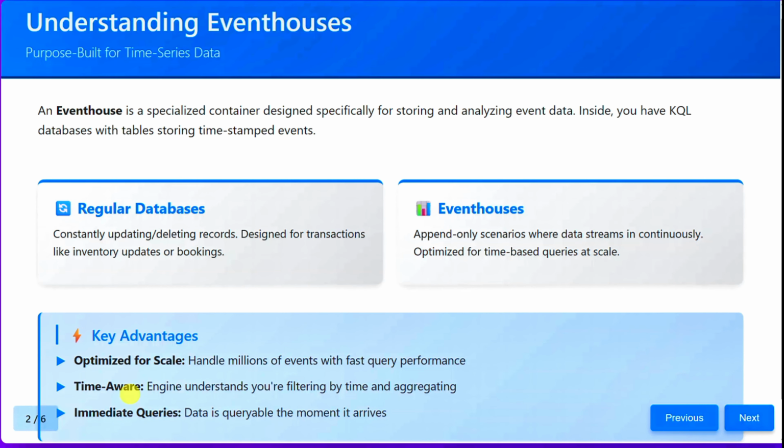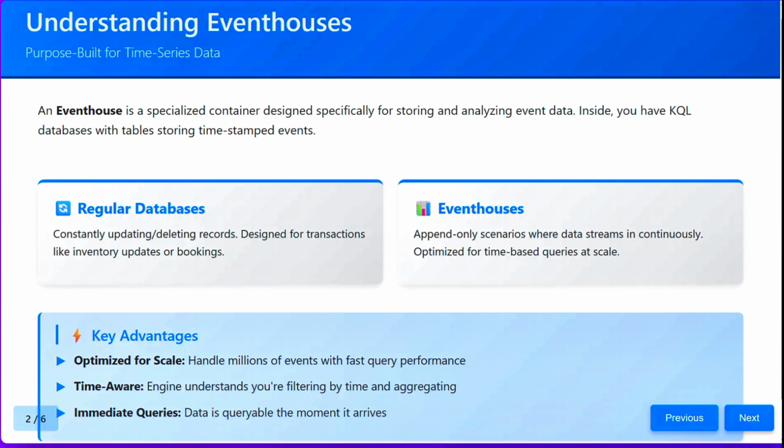So first, what exactly is an event house? Think of it as a specialized container designed specifically for storing and analyzing event data. Inside an event house, you have KQL databases, and within those databases, you have tables that store your time-stamped events.